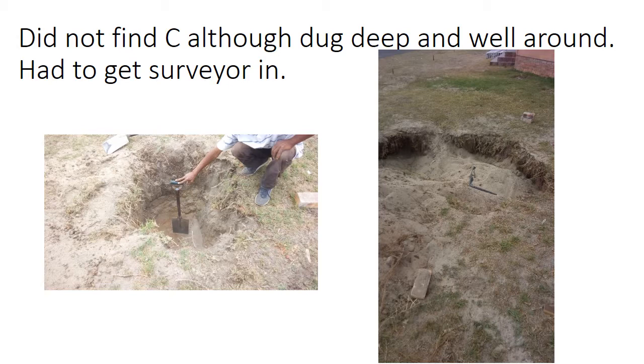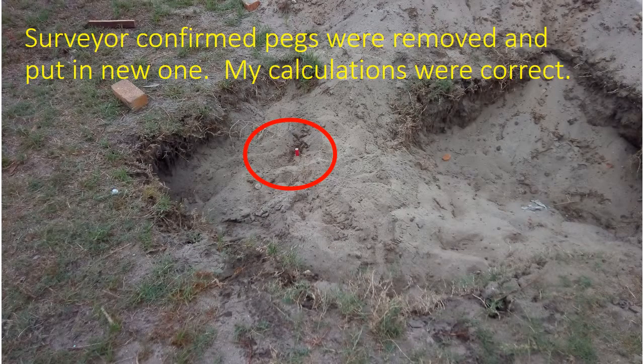They said maybe the house was off, so I dug around 1 meter circumference, and very deep also, and I didn't find anything. So I had to get the surveyor in. The surveyor confirmed that the peg was removed and he put in a new one, and he also confirmed that my calculation for point C was spot on and correct.